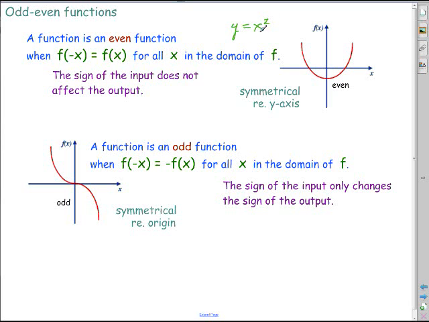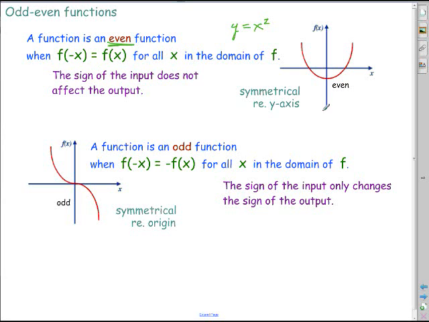Whether I put in a negative 1 or positive 1, a negative 2 or a positive 2, the output's going to be just the same. I put in a negative 1, my output y is 1. Positive 1, I get 1. Put in negative 2, I get 4. Positive 2, I get 4. So if the sign of the input does not affect the output, you have an even function.